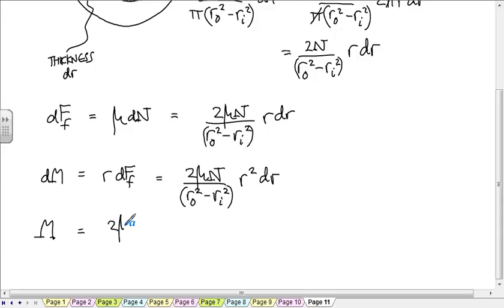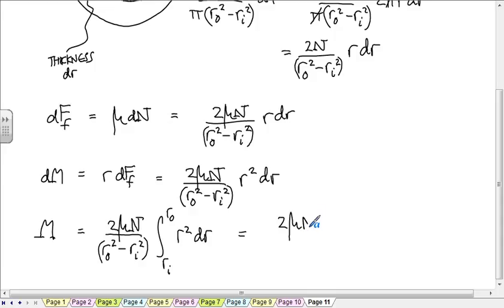So 2 mu N over (r outer squared minus r inner squared) times the integral from r inner to r outer of r squared dr. Okay, so that's an easy integral to calculate, and you end up with 2 mu N (r outer cubed minus r inner cubed) over 3 (r outer squared minus r inner squared).